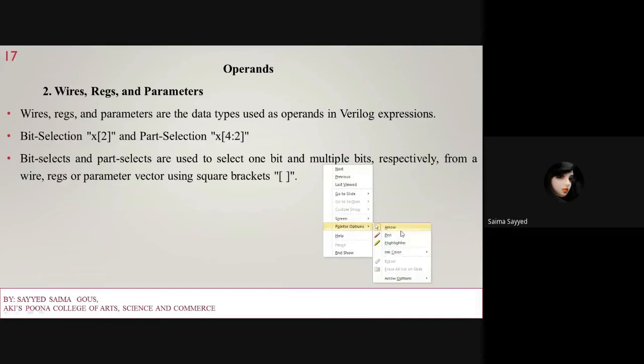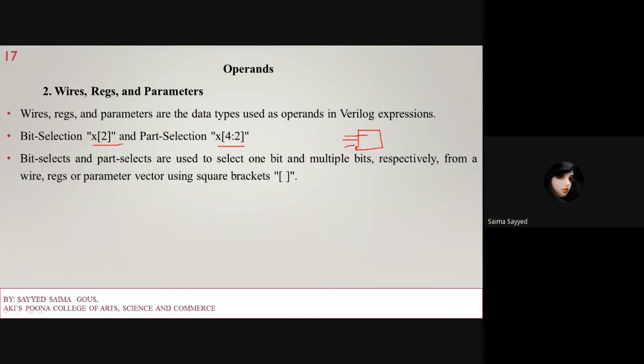Now this is called vectors. Suppose A is one block and there are a number of inputs: 1, 2, 3, 4. Instead of writing 1, 2, 3, you just write A from 0 to 3.